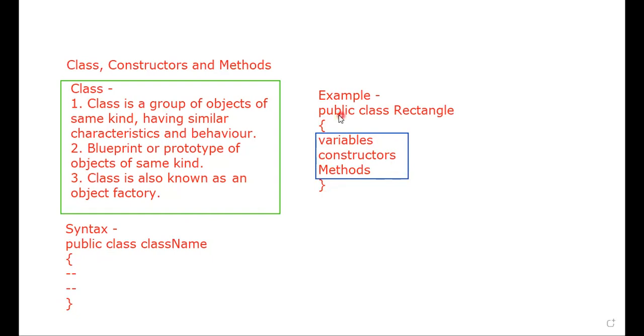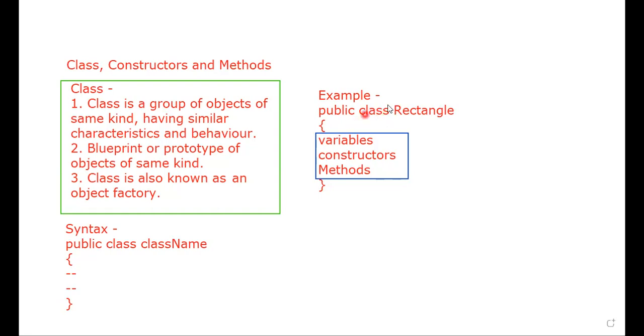So this public is what? It's the access specifier. I mean, how this class is accessible by the objects or by the other classes. Are you getting me? Yes, ma'am. And this class is what?